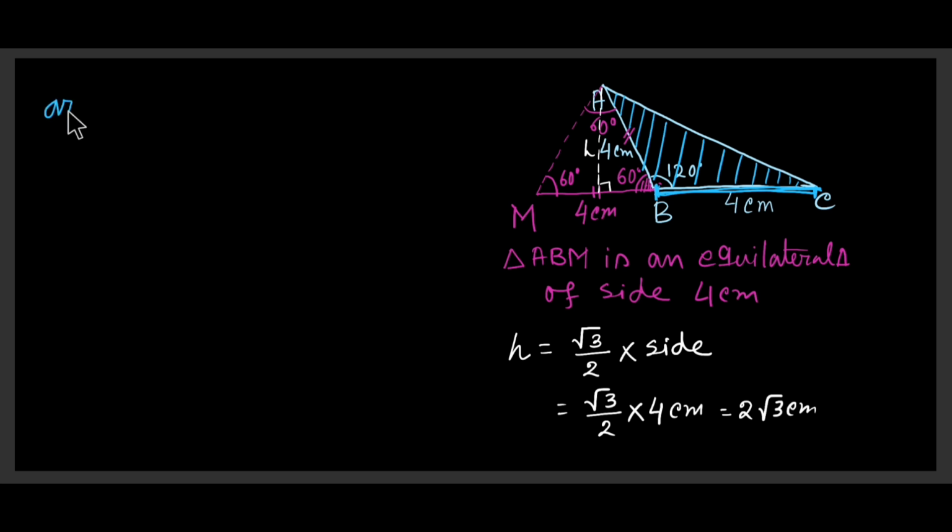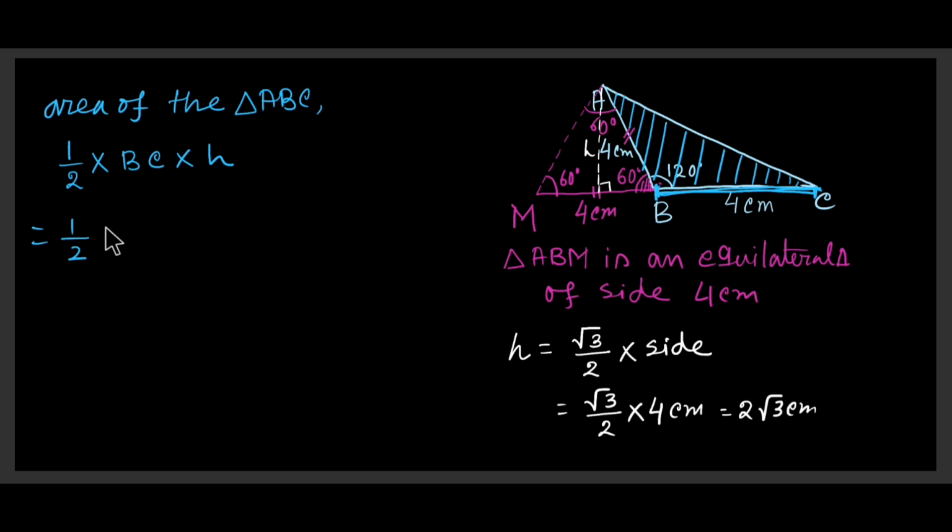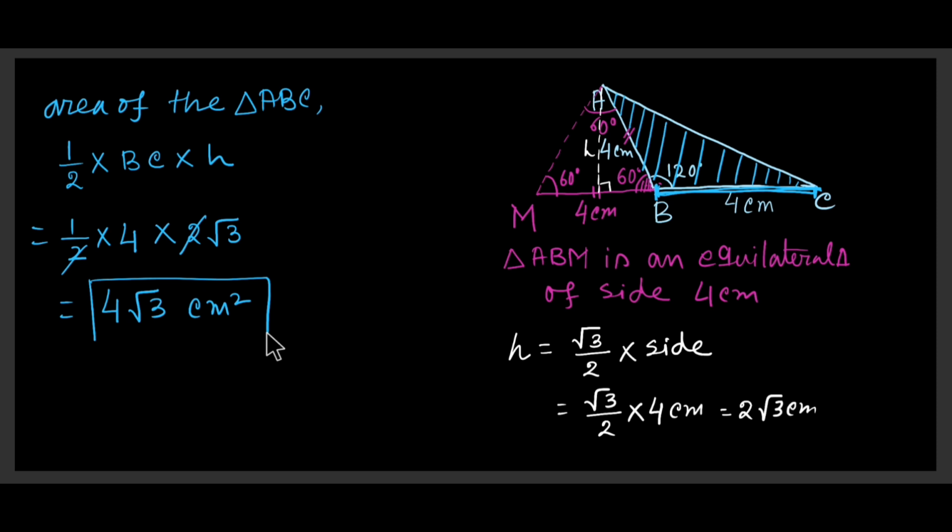So the area of the triangle ABC is 1 by 2 into BC into H. So BC is 4 centimeter and H is 2 root 3 centimeter, and 2 and 2 cancel out, so we get 4 root 3 centimeter square, which is the area of triangle ABC, and it is our answer.